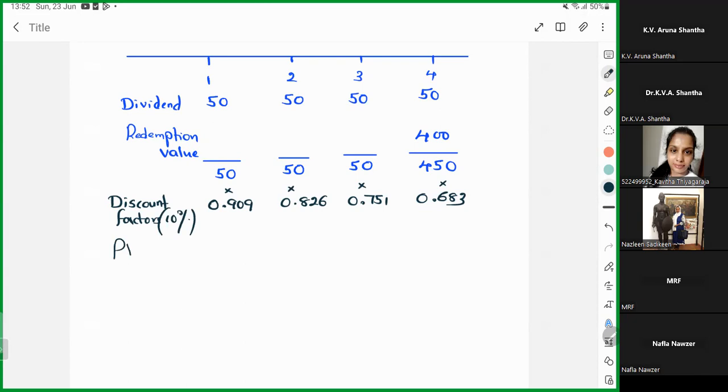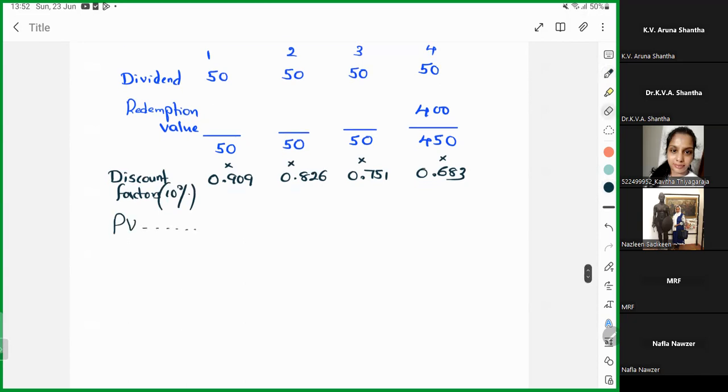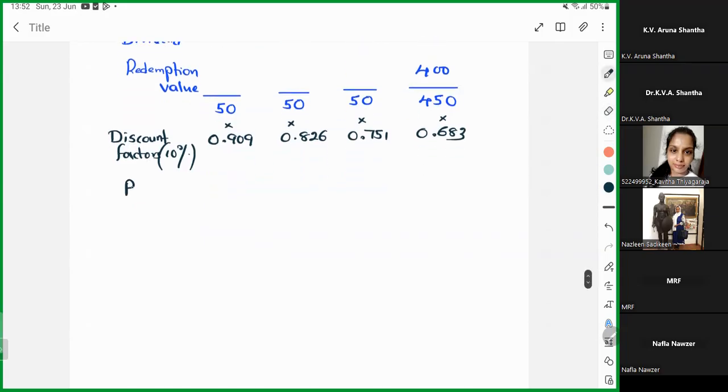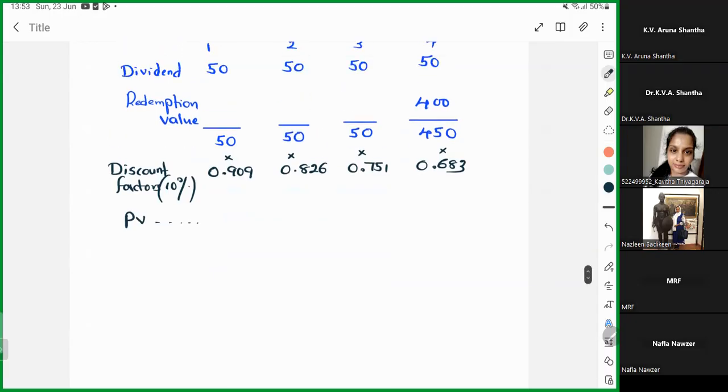You get the present value of cash flows. How much? 50 times 0.909, first year 45.4.